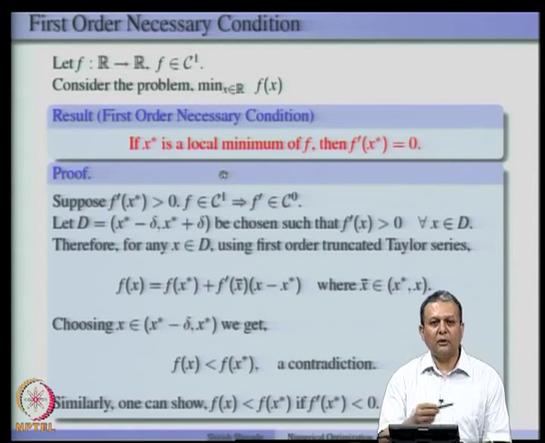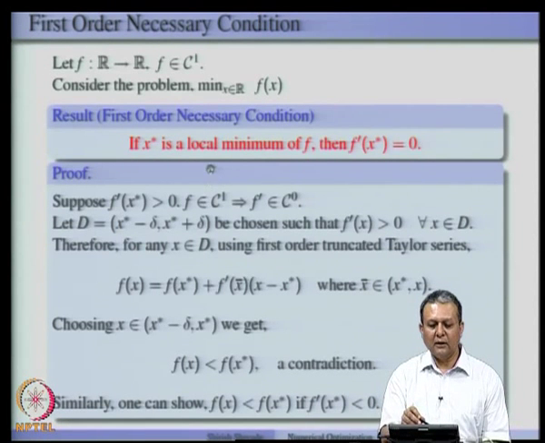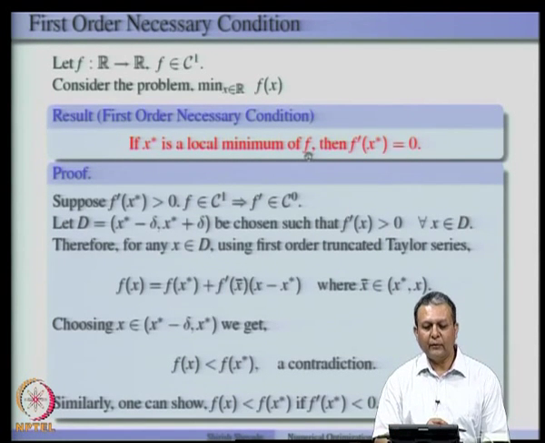So, if x star is a local minimum, the derivative of the function at x star vanishes. These conditions are called the first order necessary conditions. They are necessary conditions because if x star is a local minimum of f, then these conditions are satisfied, and they use the first order derivative information. That is why we call them first order necessary conditions.